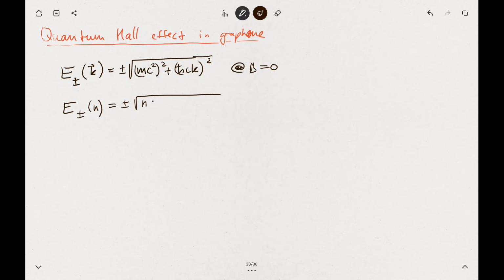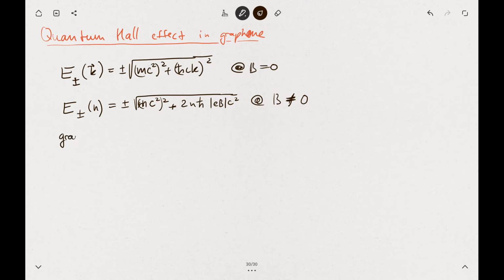There is this mc squared term, the same, plus then the quantized part, which is 2n h bar eB c squared. This one is at B not equal to 0. The derivation is quite involved, and basically you consider the Dirac equation in the magnetic field.